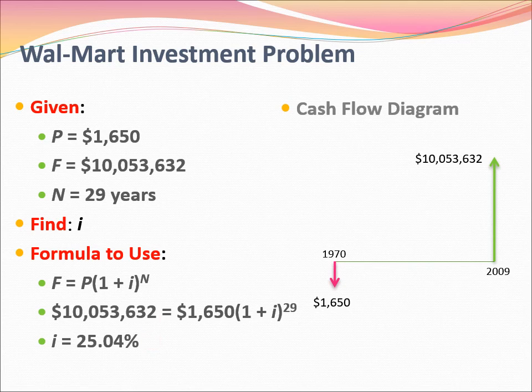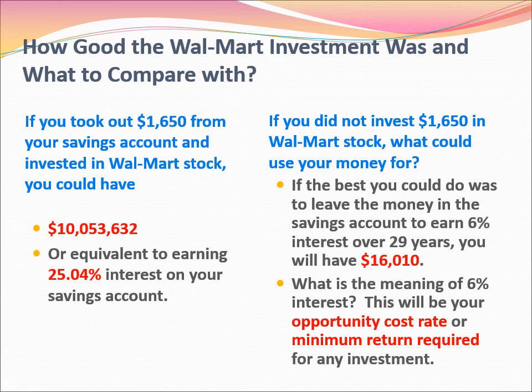Is this a good alternative or not? Of course, you need to compare it with other possibilities to see if it is a good alternative or not. So, the first one is to invest in Walmart shares, and you will earn 25%.